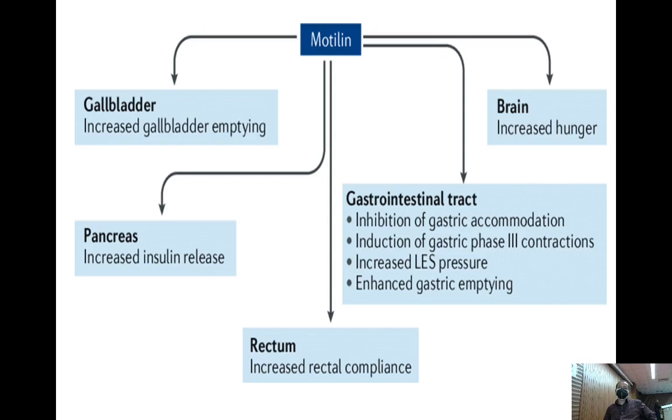But we must remember that Motolin is always associated with the formation of migrating motor complexes, which plays an important role in housekeeping, in removing all the digested products in the stomach and in the small intestine, and then pushing that all into the large intestine.